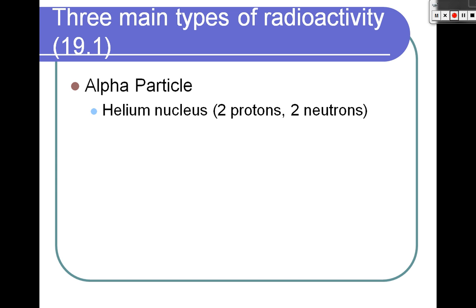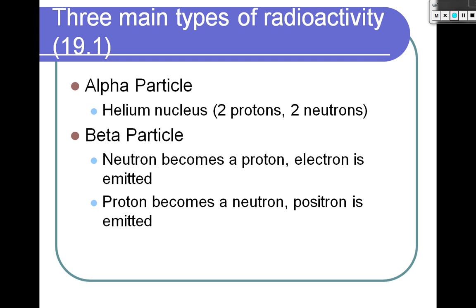It doesn't have to be helium. There doesn't have to be helium anywhere around it. Anytime a radioactive element emits a cluster of 2 protons and 2 neutrons, that is an alpha particle. And obviously then its atomic number is going to decrease by 2, so that's going to change the element.